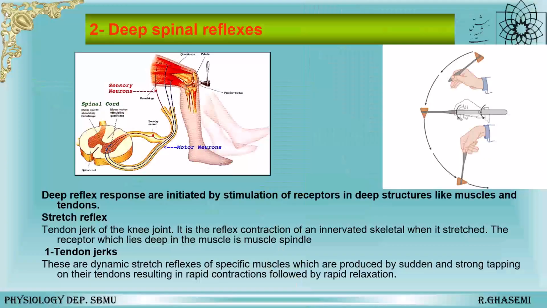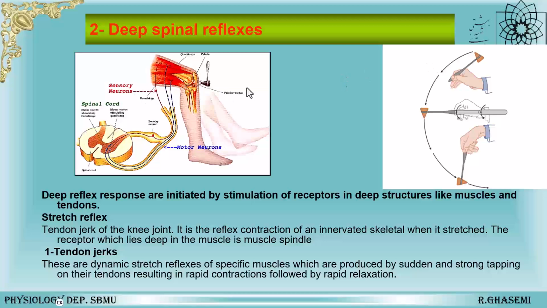The second part of the spinal cord reflexes is the deep spinal reflexes, and in the deep spinal reflex we try to stimulate the muscle spindle that is placed in the deep area of the muscle.